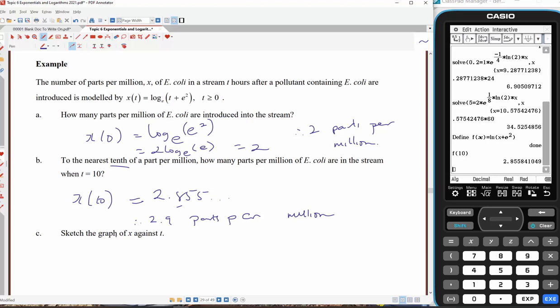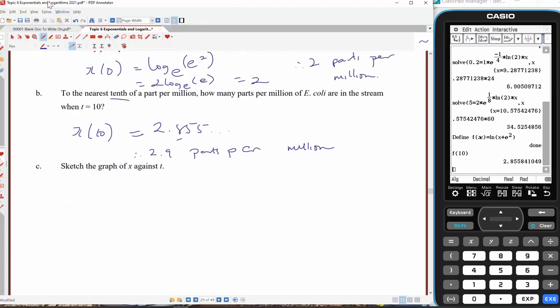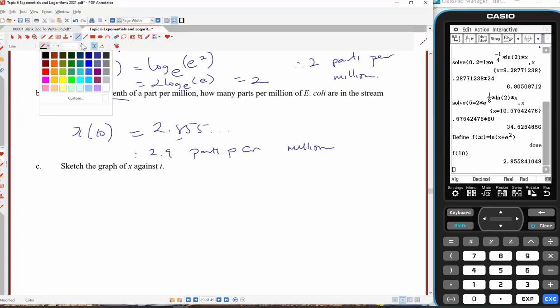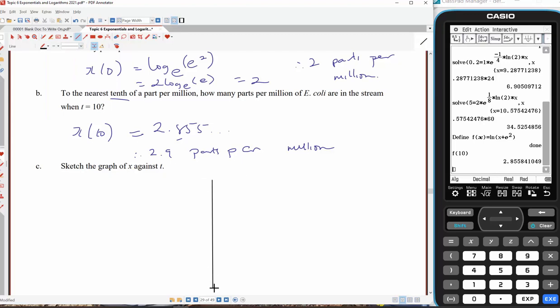Sketch the graph of X against T. Okay, so where is the asymptote? Actually, I'll stay on the line tool. Draw it in red.